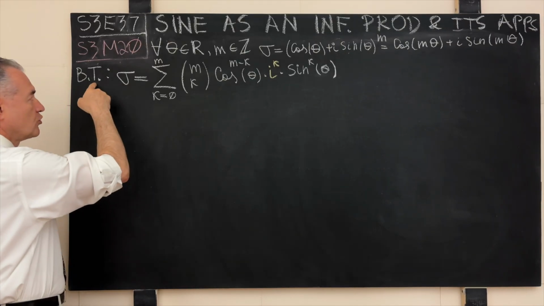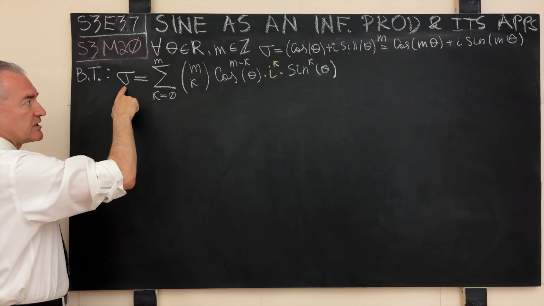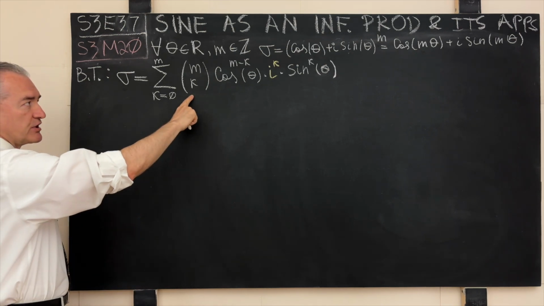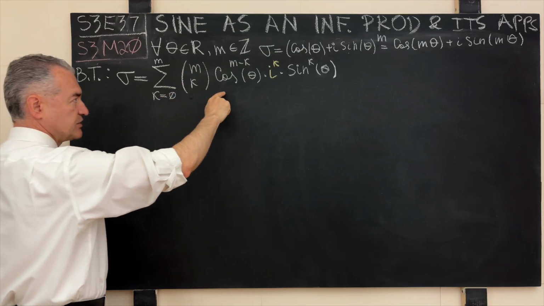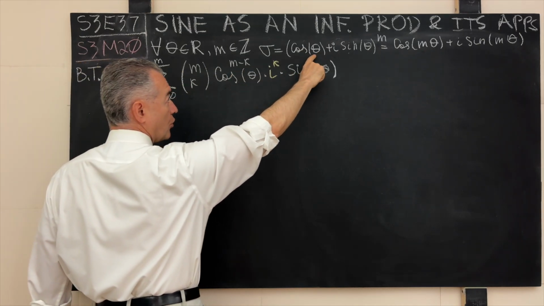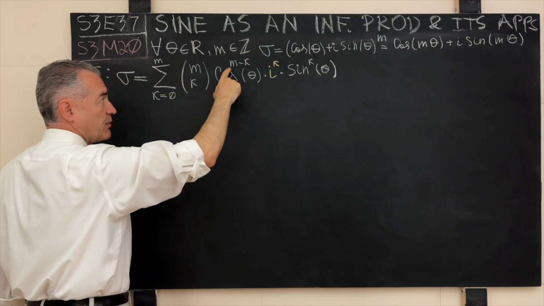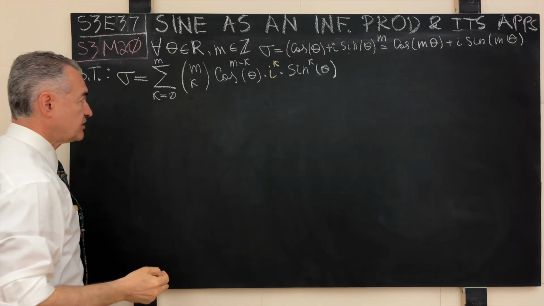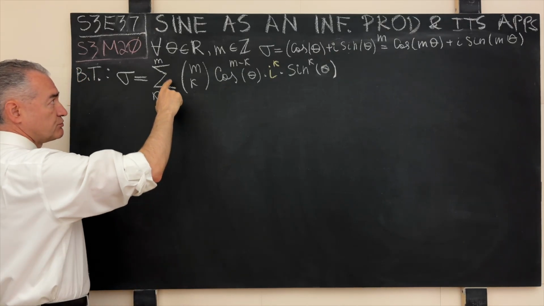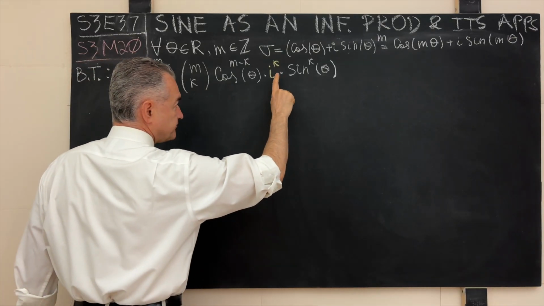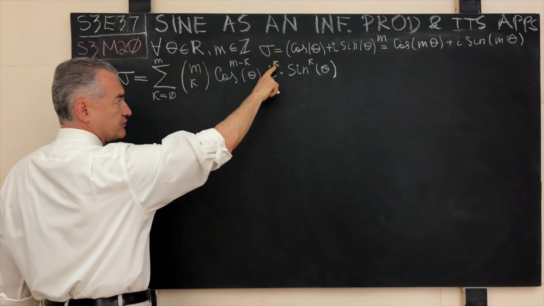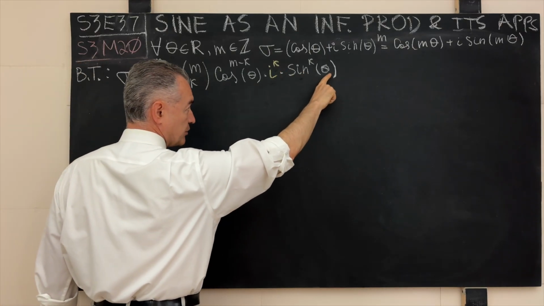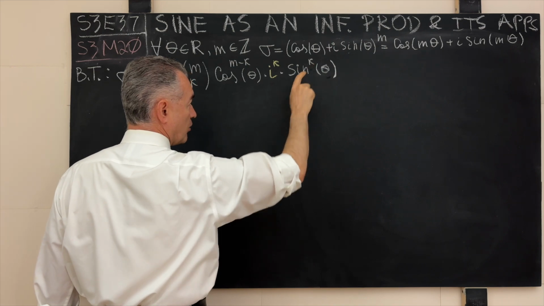And according to the binomial theorem, our sum can be represented as the sum of the products of the following four terms: the binomial coefficient m choose k times the cosine from de Moivre's formula raised to the power m minus k, where k in this case is the dummy summation variable that changes its values from 0 to m, times the imaginary unit i raised to the power of k times the sine of theta raised to the power of k.